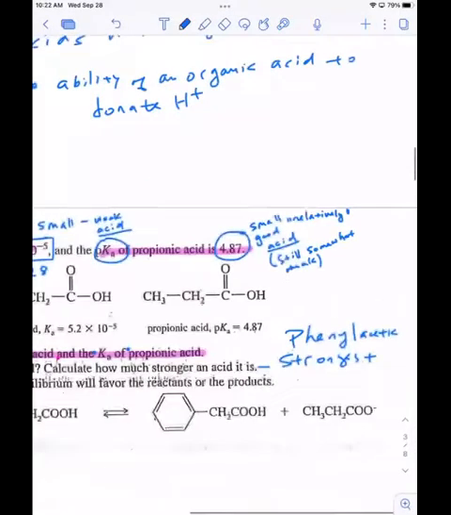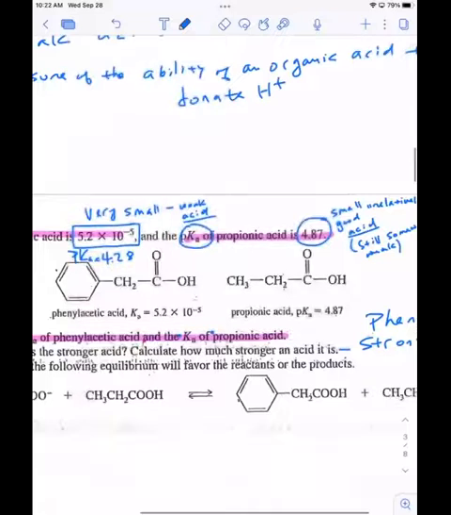So phenylacetic acid is the strongest. So I'm just going to highlight it, or in a different color. Right, because it has a lower pKa compared to the other acid. There's a reason why it's stronger. And we'll talk about that in a little bit.